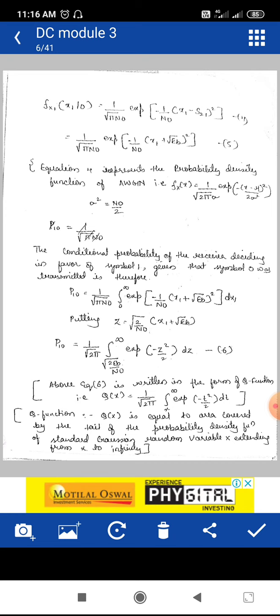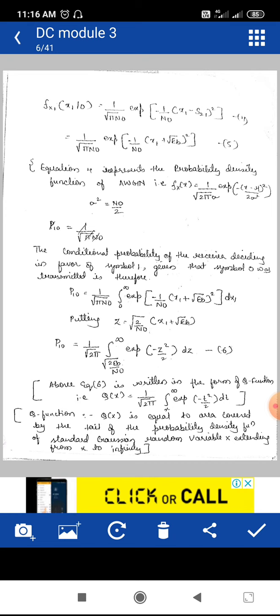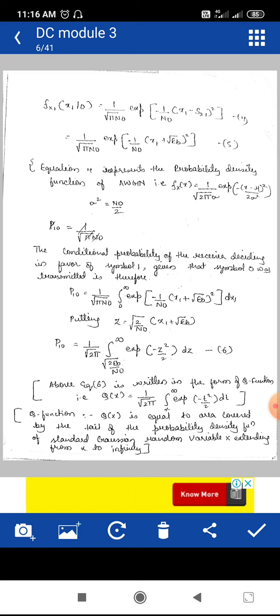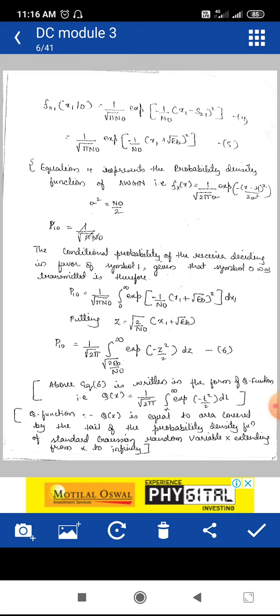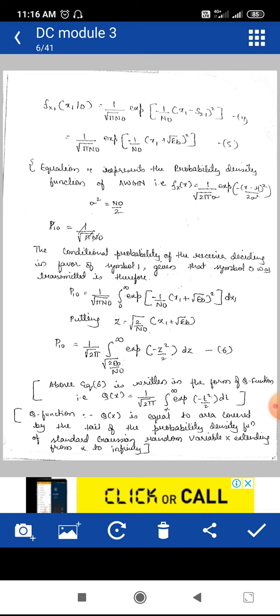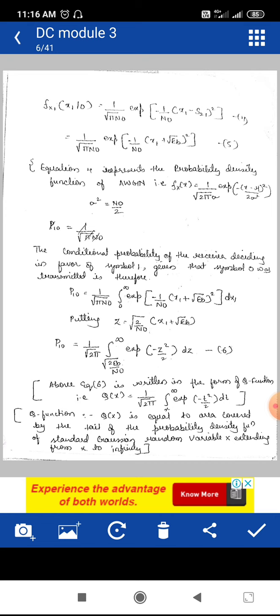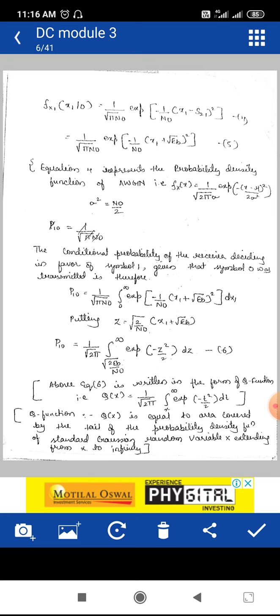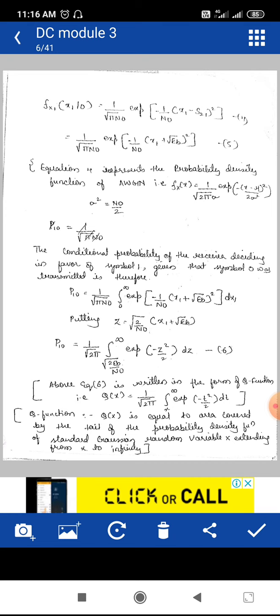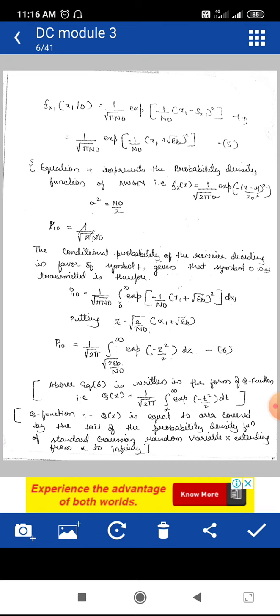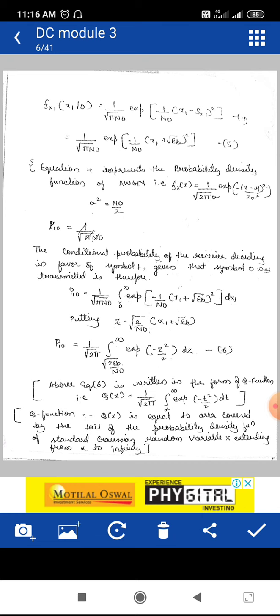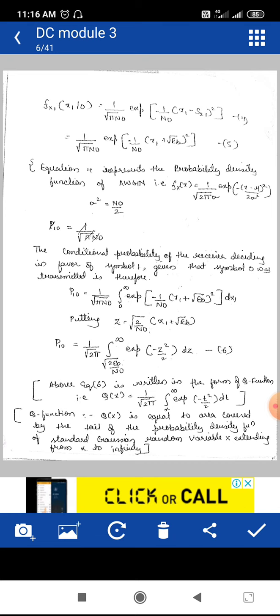Therefore, we take this as p10, which indicates the probability that the decision is taken as 1 but the actually transmitted symbol is 0. So the integration is taken over 0 to infinity, because the probability density function is falling in the region of 0 to infinity. Therefore, the error has happened.